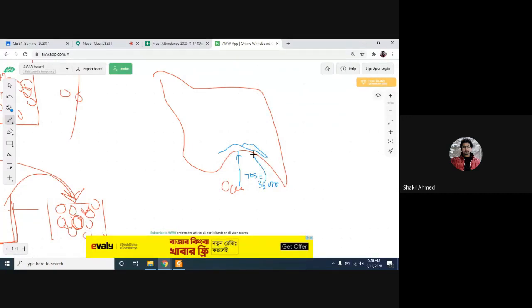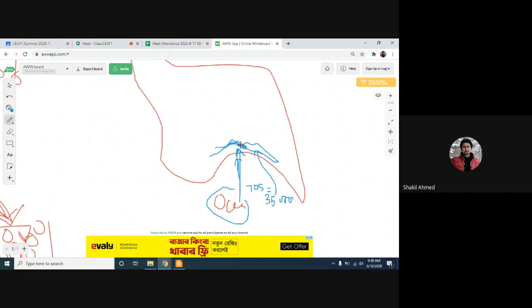So this can pollute the water. If ocean water comes to the rivers here, it can significantly add salinity into this fresh water. And if you have high salinity, then your crop cannot survive. You cannot use this water for irrigation, for agriculture purposes.